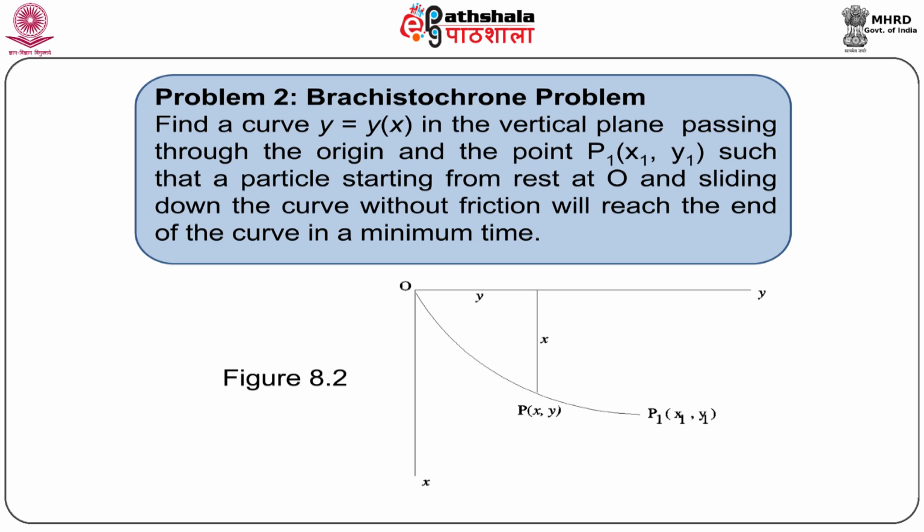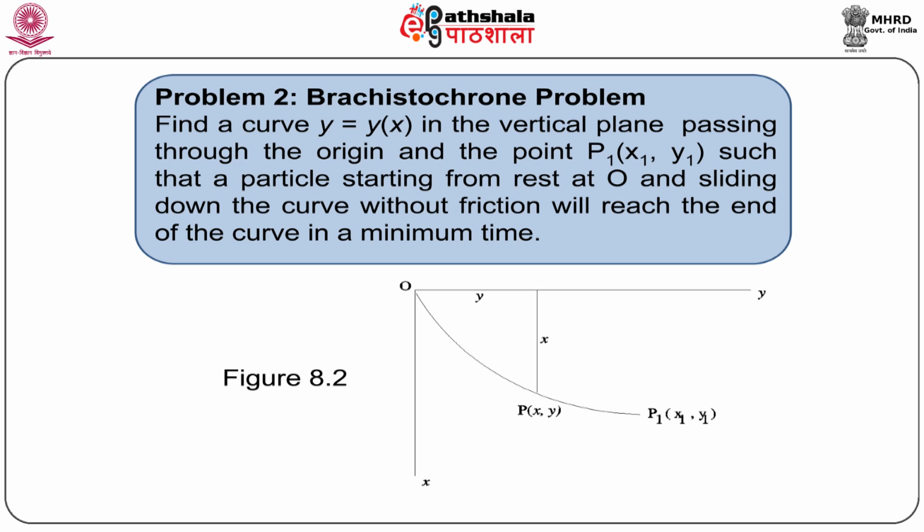This is the physical sketch of the problem. This is the curve. Here is the point P1, (x1, y1). The curve starts from this and passes through this point. P is a general point whose coordinates are given by x, y.